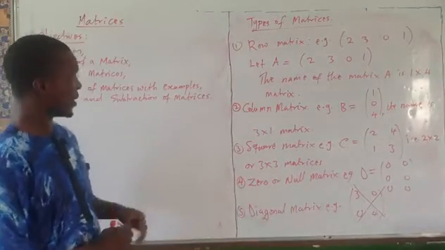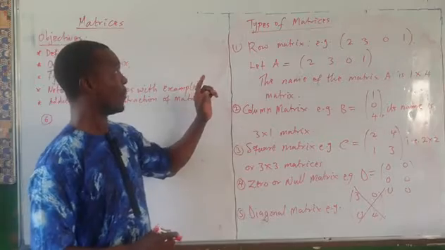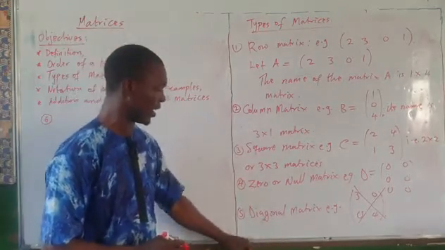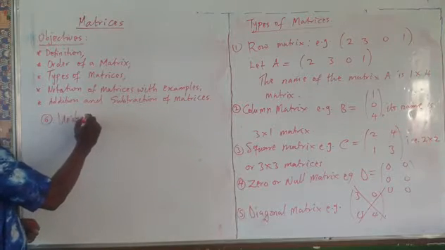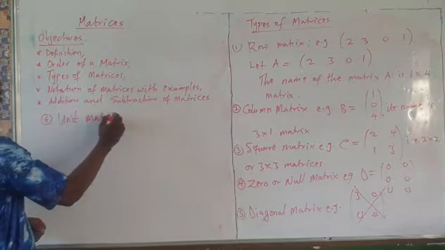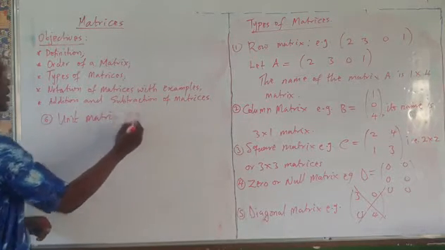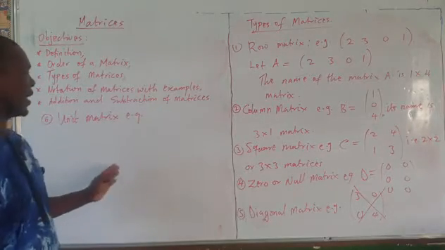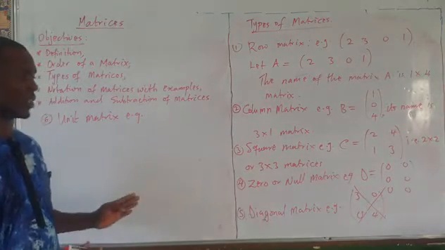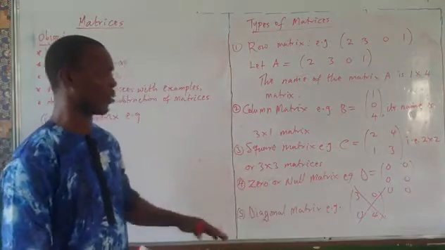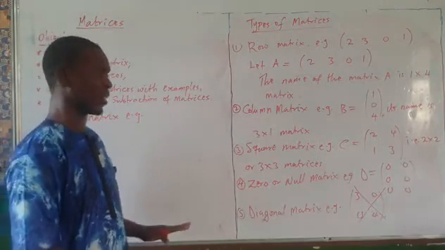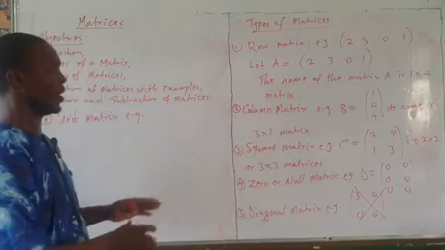The last type of matrix I'm going to consider is the unit matrix. Under the unit matrix, the elements of the principal diagonal are all 1, and the other diagonal entries are 0.